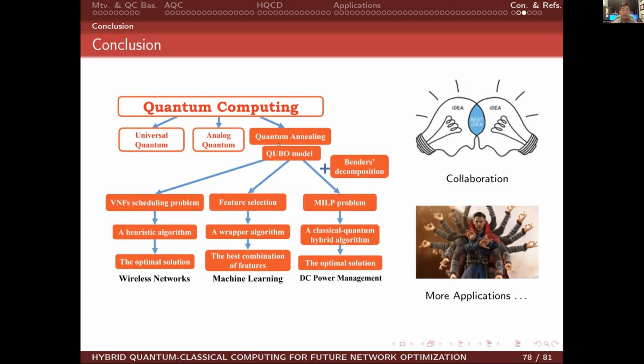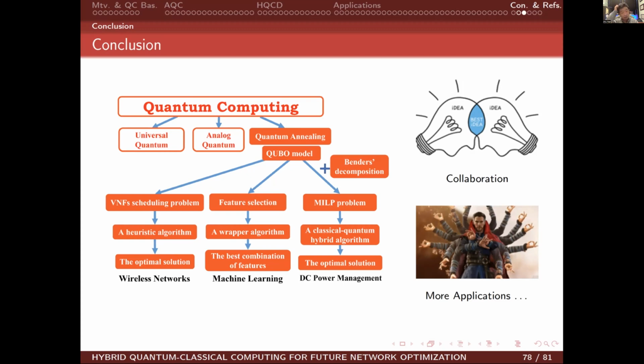On the other side of the spectrum, quantum annealing has a lot of qubits, something like 5,000 qubits. However, this kind of solution is limited to a certain QUBO model, which is a kind of annealing problem.